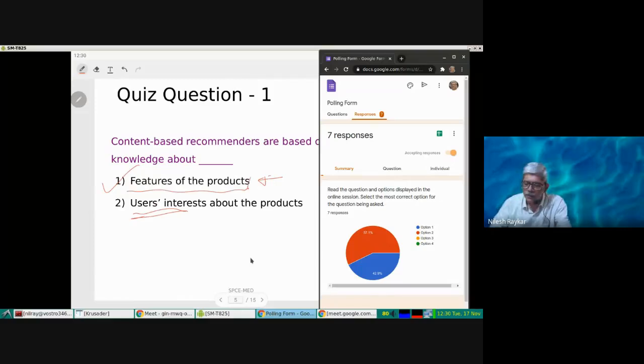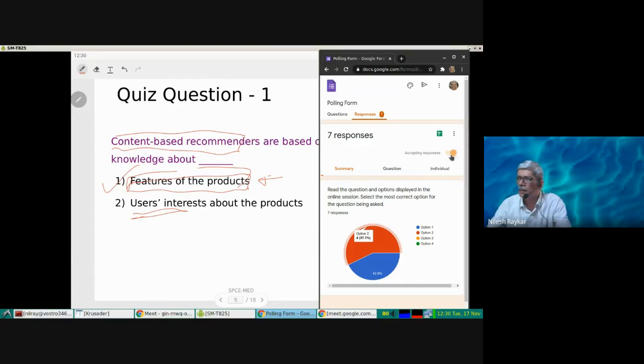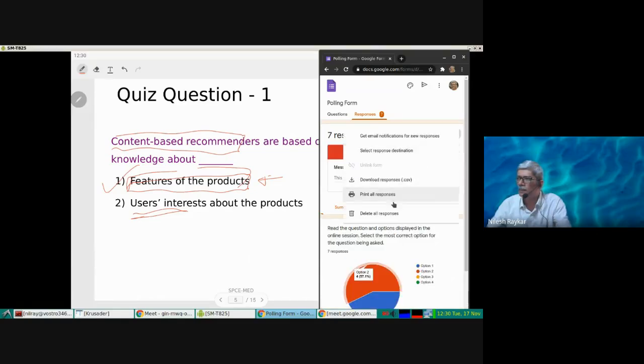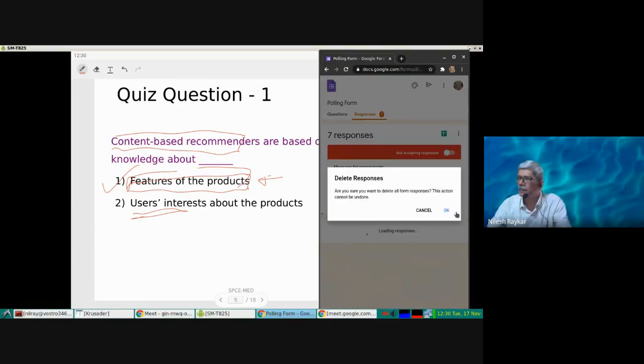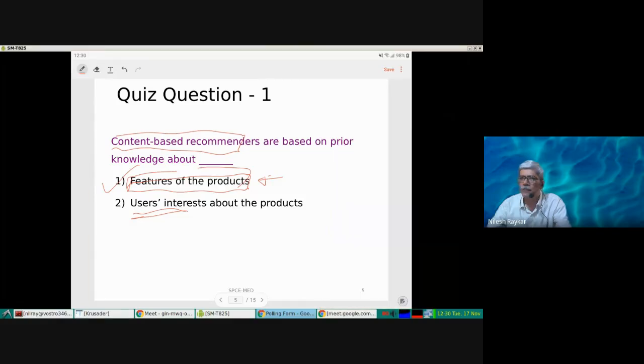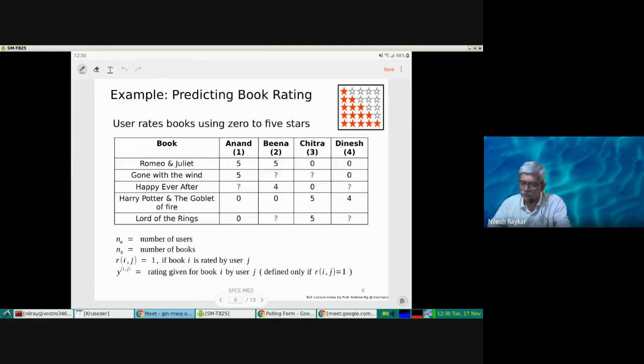So let's look into how these content based recommenders work, which require the features of the product. Here I'm taking an example of a bookshop where, for the sake of simplicity, we are considering few books.